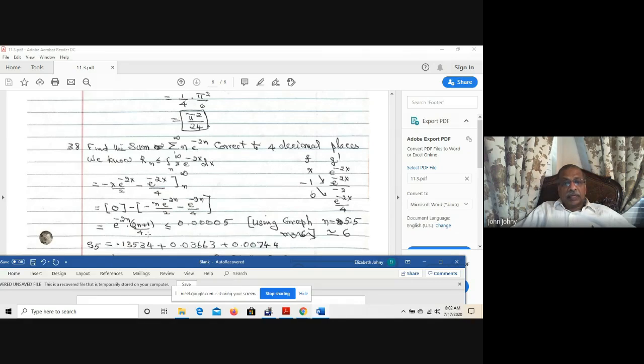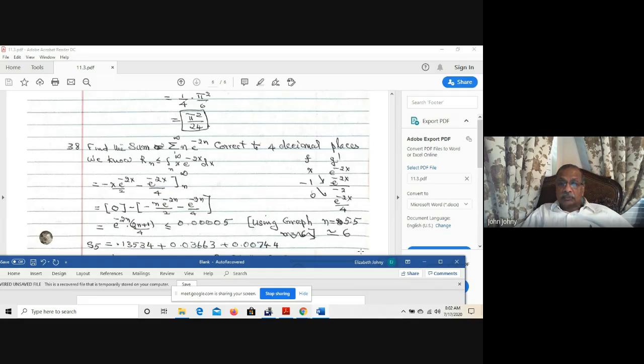This is the remainder after n terms. And that must be less than or equal to 0.0005, because 4 decimal places means the remainder after n terms must be less than or equal to 0.0005. Now use a calculator.